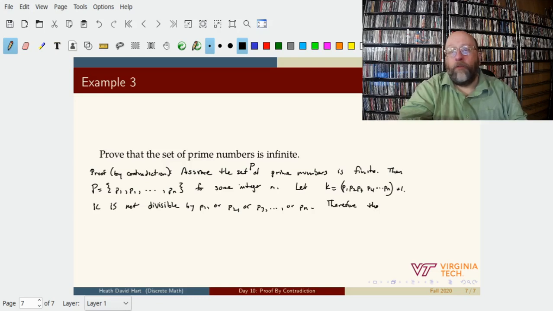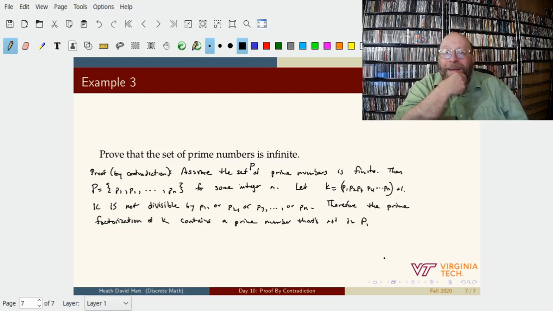Therefore, the prime factorization of K contains a prime number that's not in P. It doesn't contain any of these prime numbers, and so it must contain a number that's not in P. But P was the set of all the prime numbers.